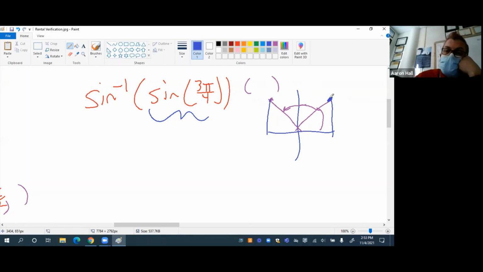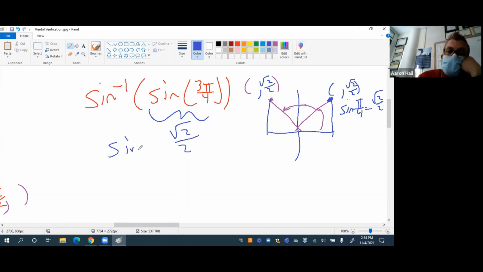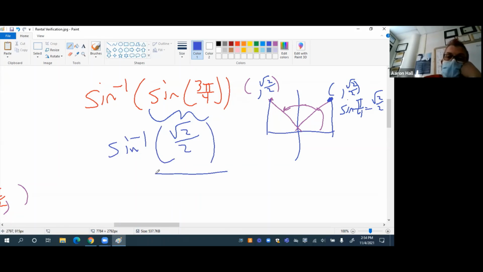And so we're using our sine of pi fourths, which is going to be the square root of 2 over 2. So this value here is the square root of 2 over 2. And why is this the same? Yeah. And so all of this is the square root of 2 over 2. What is this?